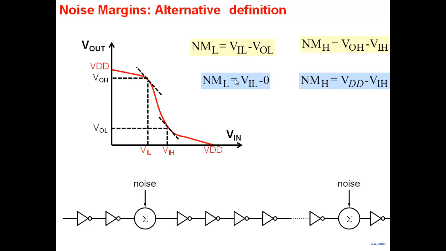What these people are saying is, normally when there's no noise, I have 0, VDD, 0. These are the things that are happening in my system when I don't have any noise. Now they're saying, how much noise can I add when it's normally 0? Well, I can add a noise equal to NML according to this definition, because I'll get VIL here and I still get a proper value of VOH.